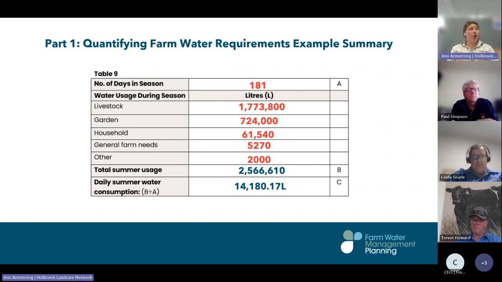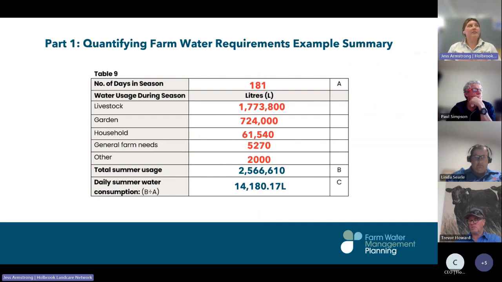So our total summer water usage comes to 2,566,610 litres of water, or 2.57 megalitres of water.